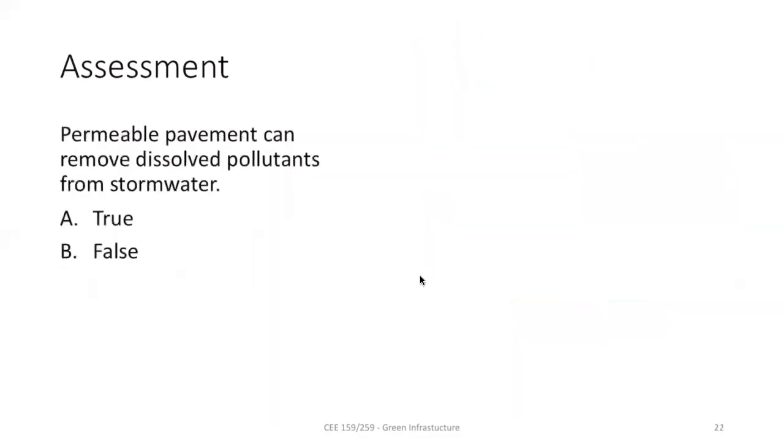I'm going to relaunch again. Do you see my screen for the assessment question? We can see it. Okay, so the question was, permeable pavements can remove dissolved pollutants from stormwater. Is this true or not? So I'm going to rerun the poll.